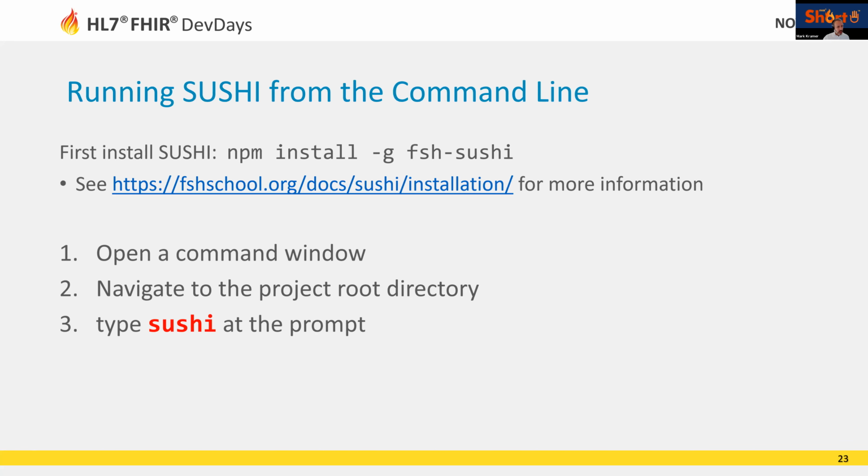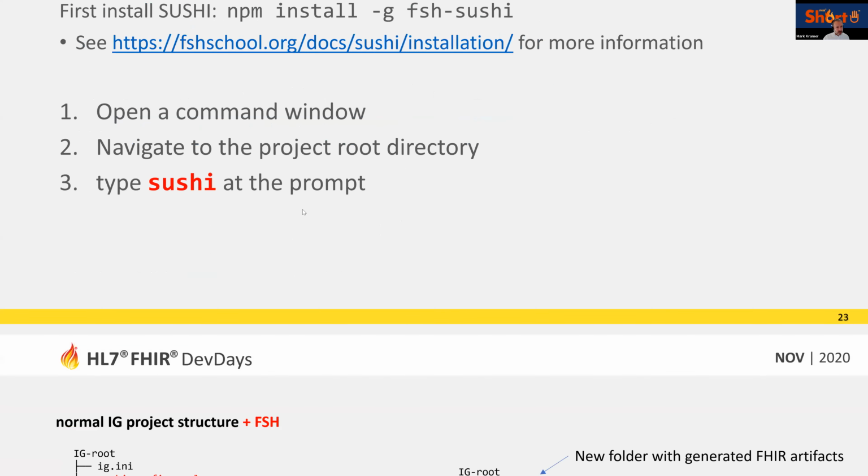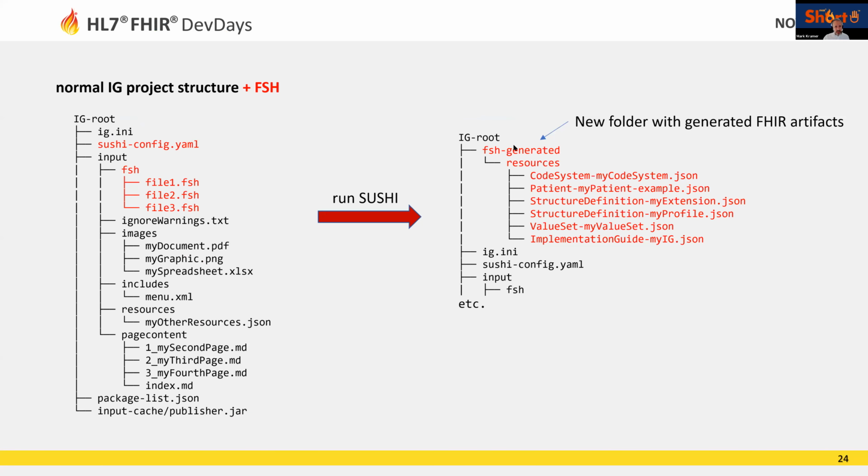And that's it. So what happens next is that SUSHI runs and it creates another directory, fsh-generated, which has all the compiled resources. We use JSON, we do not use XML. If you'd like XML, there are translators that you can use from JSON to XML. But these are all your resources. You see the code systems, you see examples, you see structure definitions, value sets, and one key is an implementation guide resource, which is quite complicated.